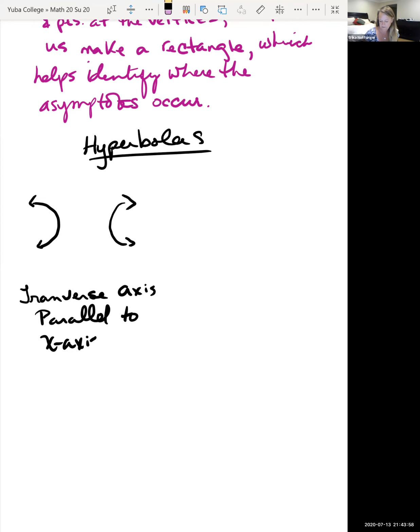And if it's facing up and downwards, this transverse axis is parallel to the y-axis.